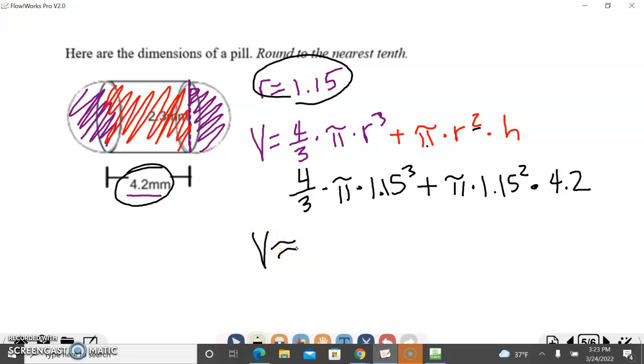So 4/3 times pi times 1.15 to the third power plus pi times 1.15 to the second power times 4.2, which was the height.